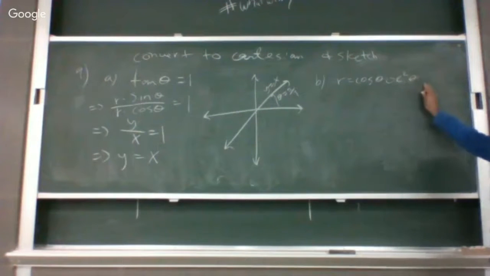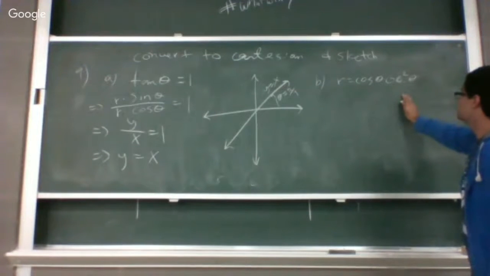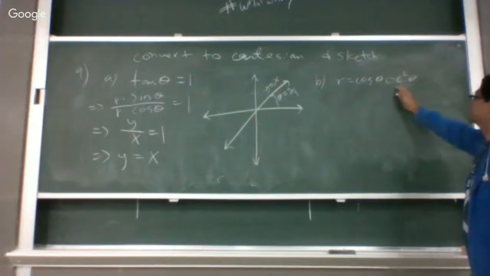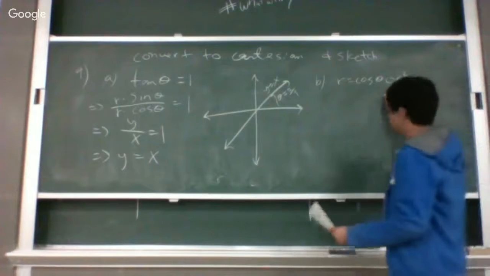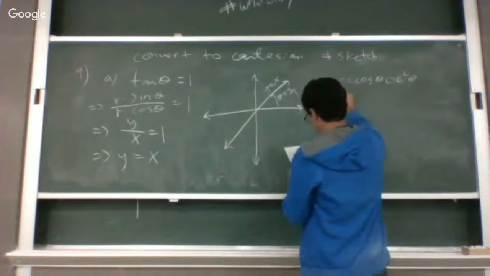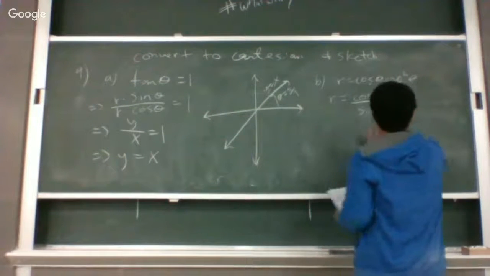Cosine theta, cosecant squared theta. If you're ever given something with trig stuff like this, one thing you can always try to do is convert it to different versions of it. So r is equal to cosine of theta divided by sine squared theta.